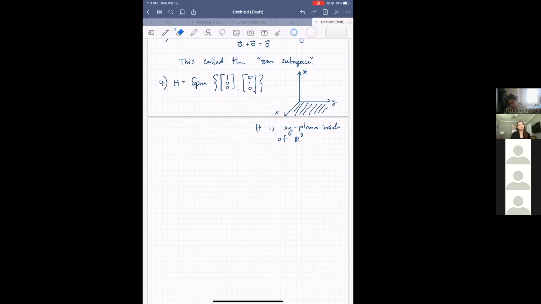Okay, so this idea of a spanning set, this is what we'll refer to as a basis.